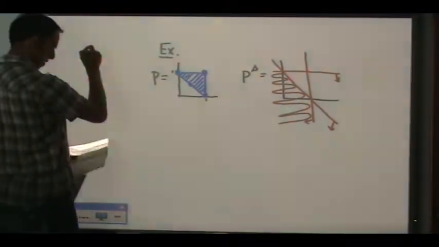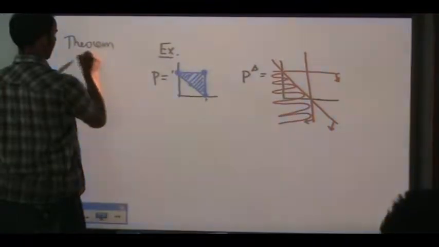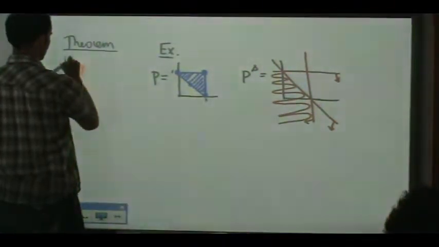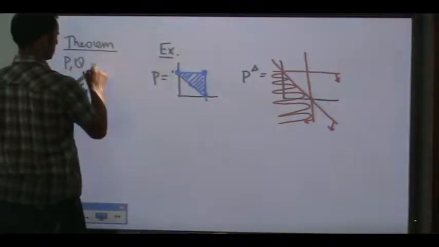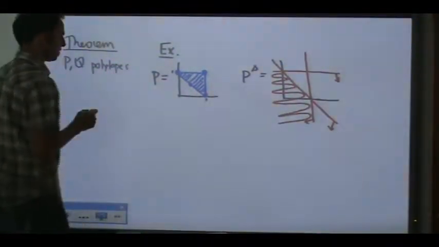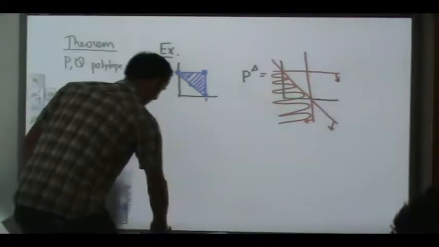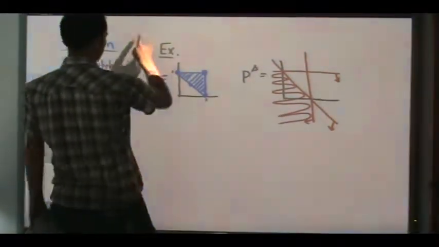So, here. Let's say that you have polytopes P and Q. Now I think actually I'm going to erase this. I don't need this.